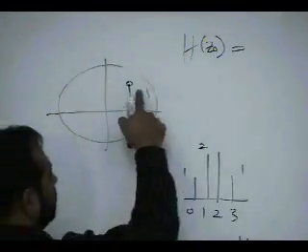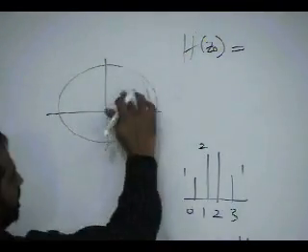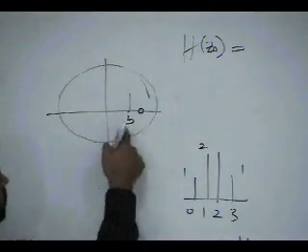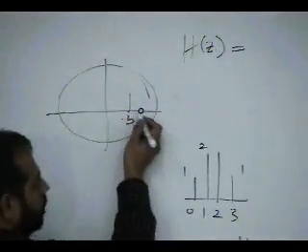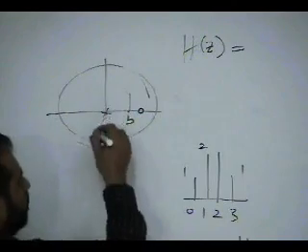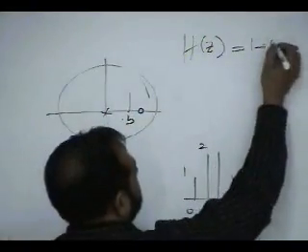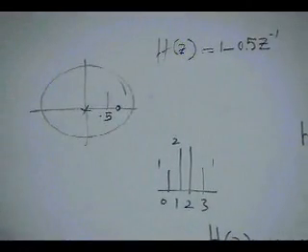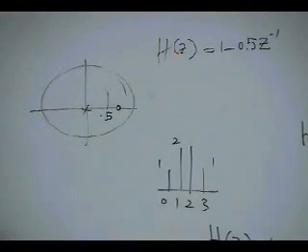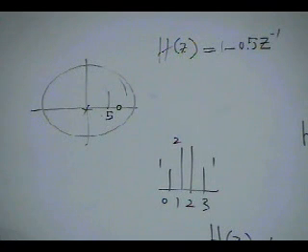If you have a 0, let me give you an example. Let's say this 0 is at 0.5. So what is h of z of a system which has a 0 at 0.5 and a pole here? It is 1 minus 0.5 z inverse, right? This is a system with just 1 0 at 0.5. Now put z is equal to 0.5.